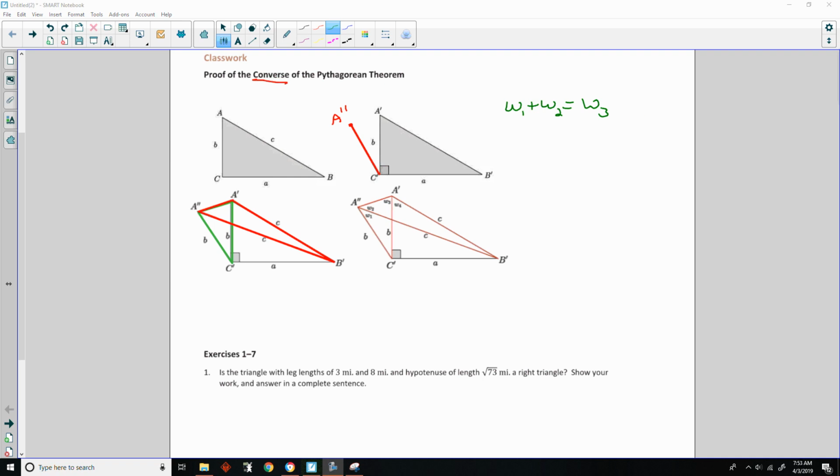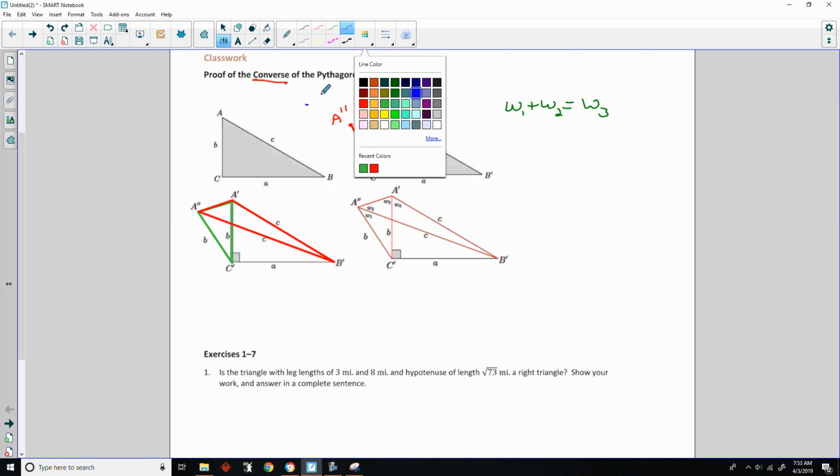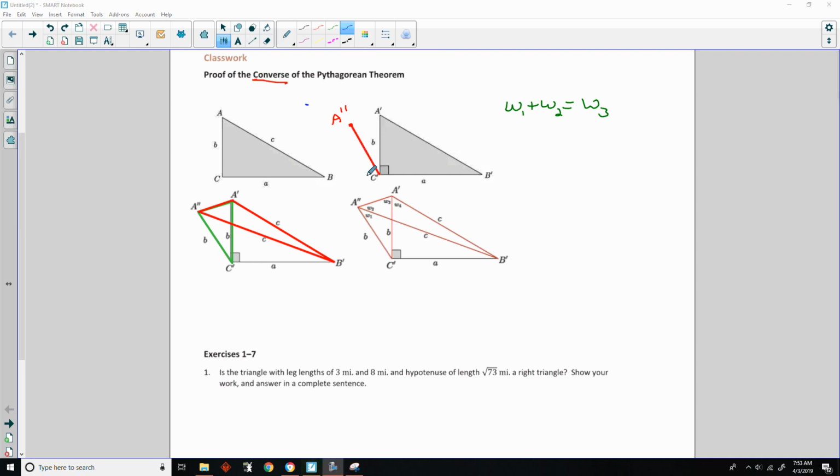Okay, so this might be difficult for you to picture. What's going on here? Okay, so this is an isosceles triangle because this is length B and that's length B, so they're equal. So therefore this angle is equal to this angle. And that's why I said W1 plus W2 equals W3. Okay, see it now? So that's an isosceles triangle.